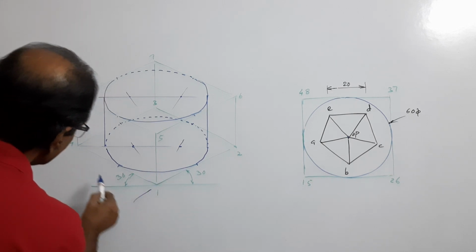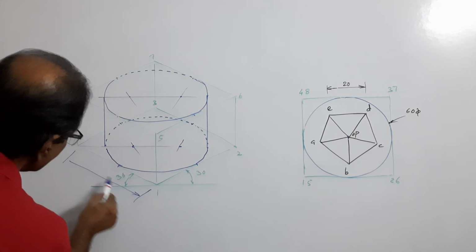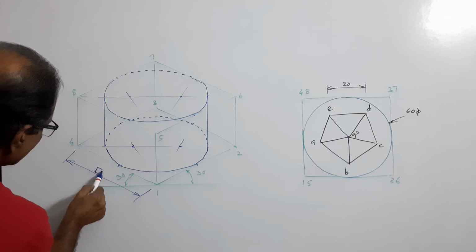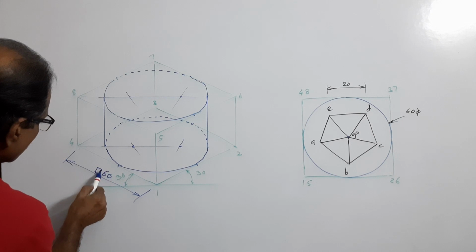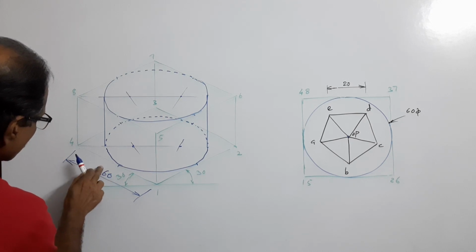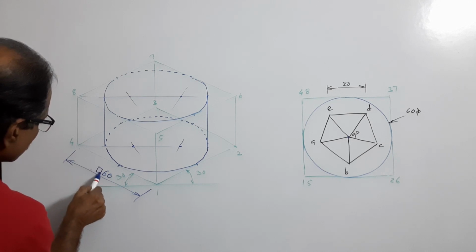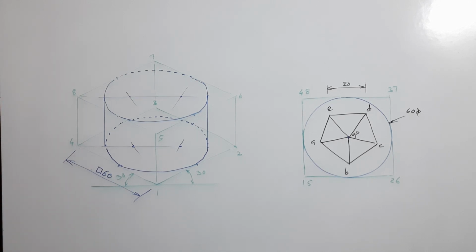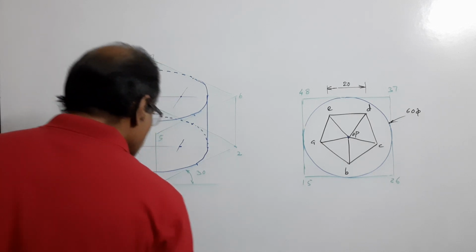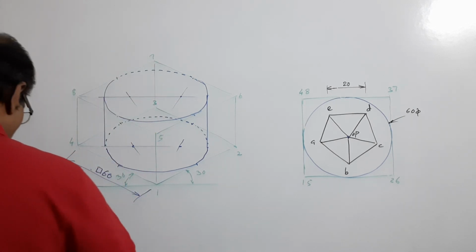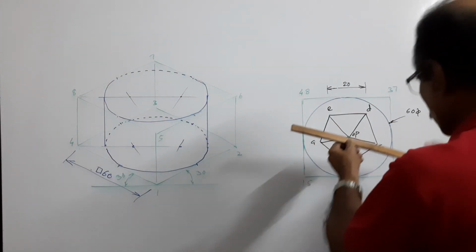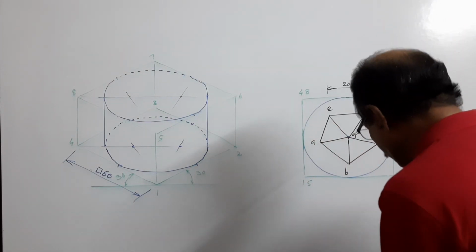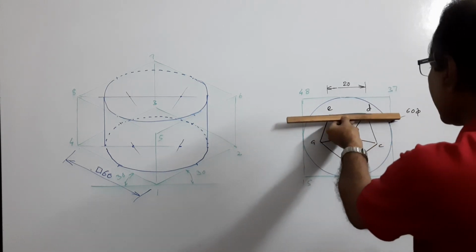This is square 60. Now, I draw a horizontal line through DE.